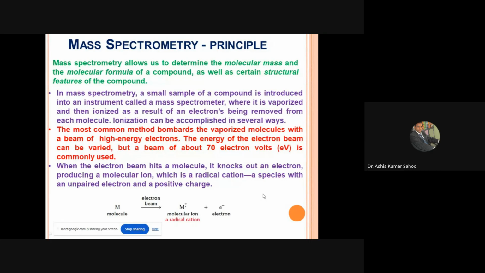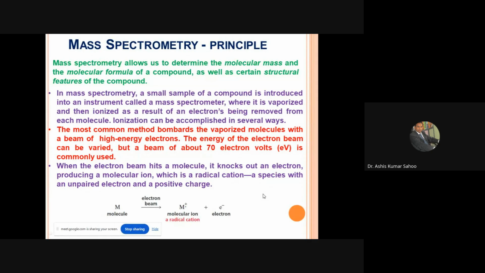So what is the process? When an electron beam hits a molecule, it knocks out an electron. One electron is removed from the system, producing a molecular ion known as a radical cation, a species with an unpaired electron and a positive charge.